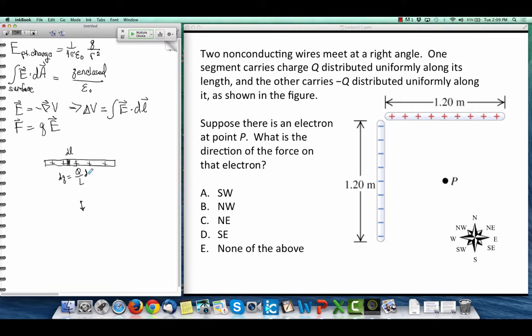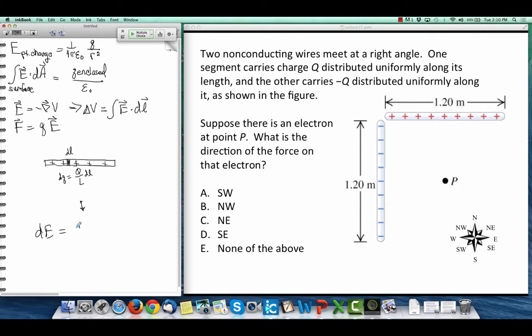The electric field due to that point charge drops off as 1 over r squared. R is the distance from the point charge to point P. And so the differential electric field, the tiny electric field due to dq, is dq over 4 pi epsilon-naught r squared. R squared we'll have to write out.